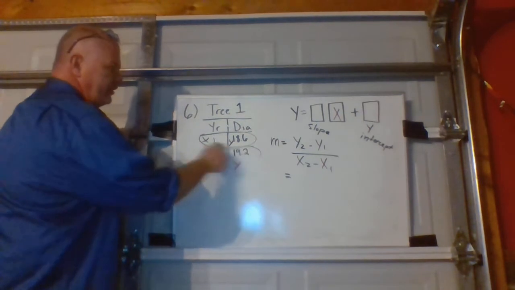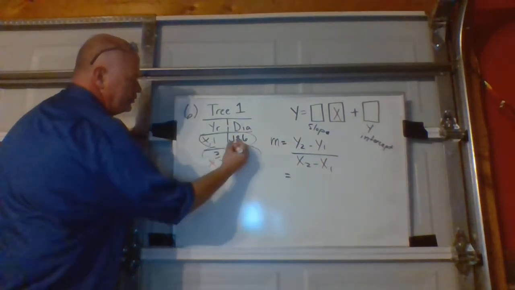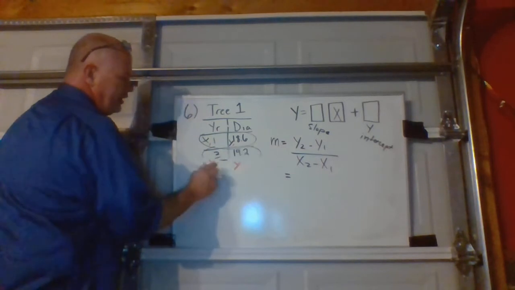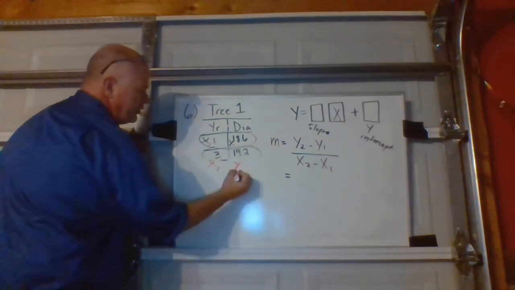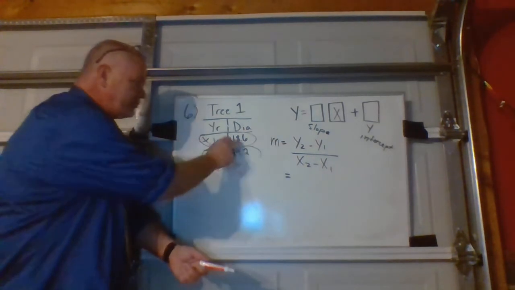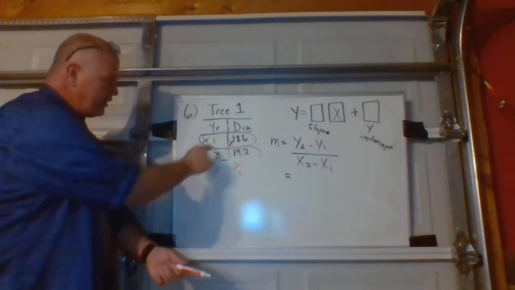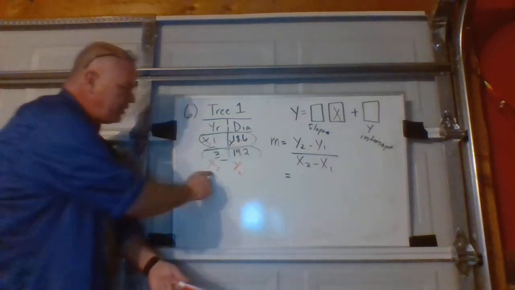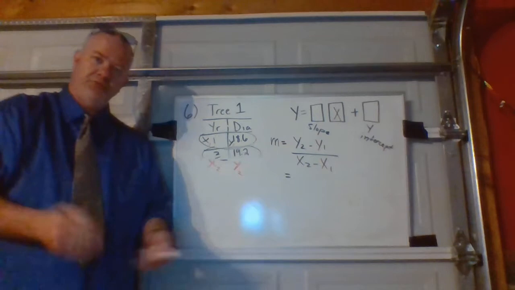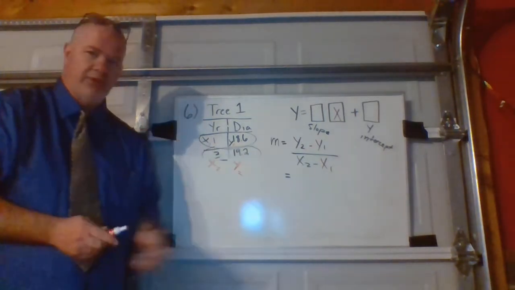Since this is my first set of numbers, I'm going to label that x1, that's y1, and this I'm going to put a little 2, I'm going to put a number 2. So again, what I did is I labeled this x y, I labeled the next set of points x y, and then I came in and I put a 1 and a 1, I came in and I put a 2 and a 2. Once we do that, we know what number belongs in what position.